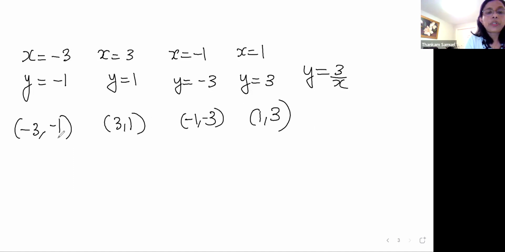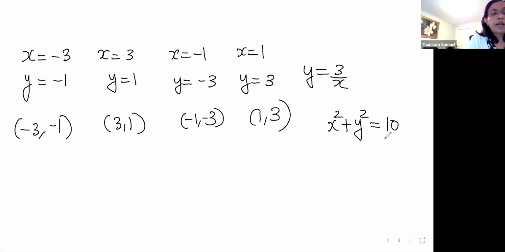And when we check these solutions with our second equation, x squared plus y squared equals 10, when you substitute all these values, like x and y values in this equation, you can see that all these values will satisfy the equation.